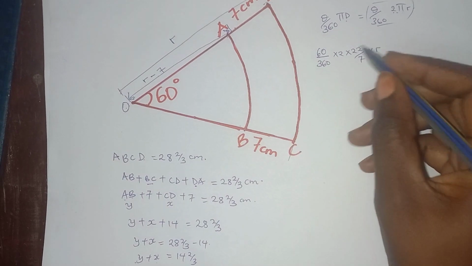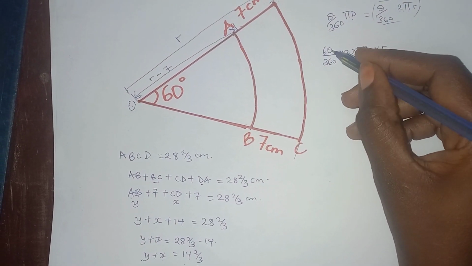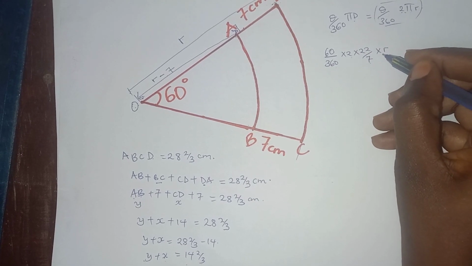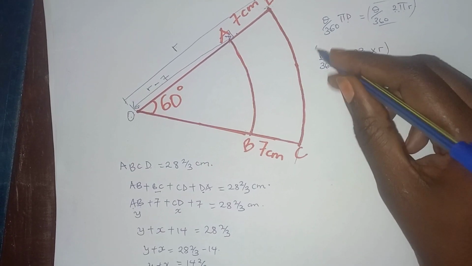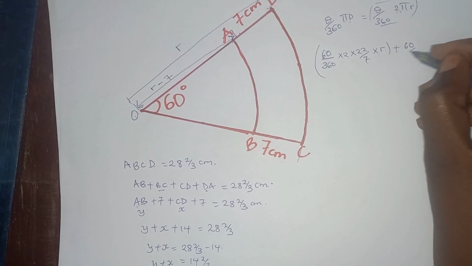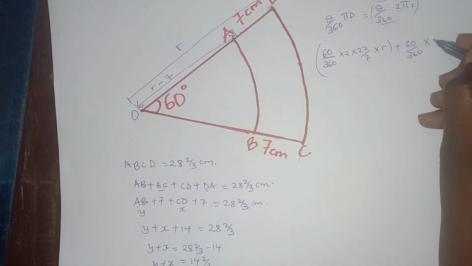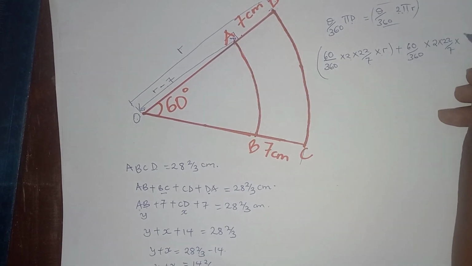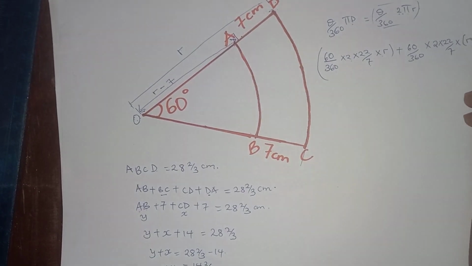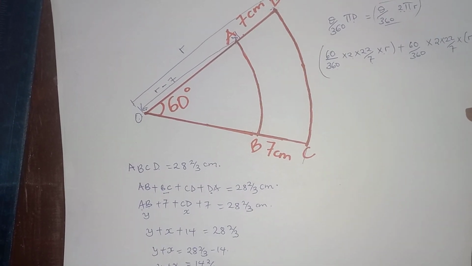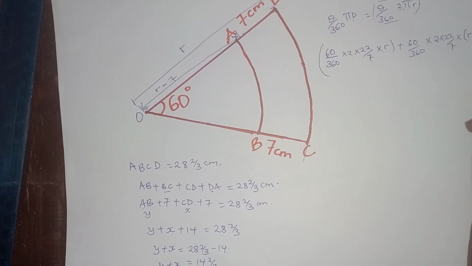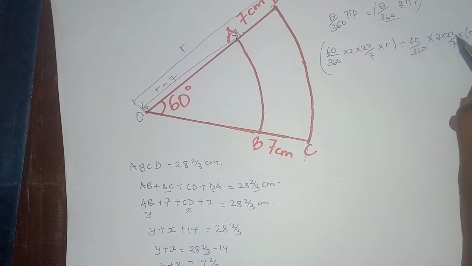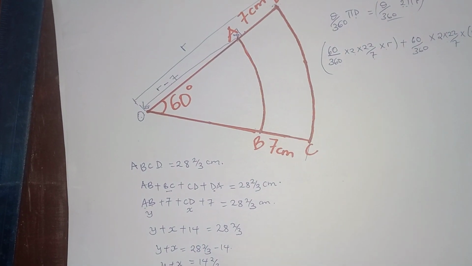So if we take this 60 over 360 times 2 times 22 over 7 times r, plus 60 over 360 times 2 times 22 over 7 times (r minus 7), when we add these two, we will get 14 and 2 over 3.